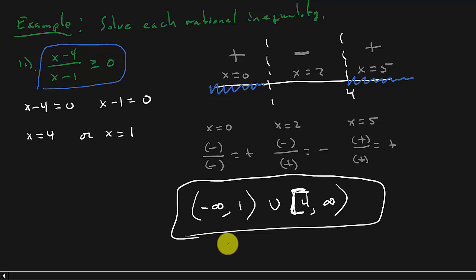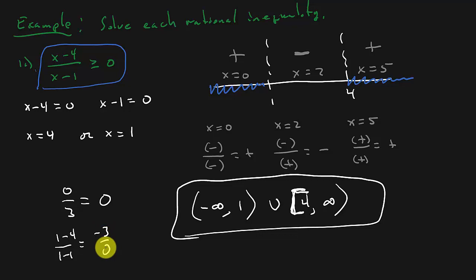Well, let's do this. If we plug the 4 in, 4 minus 4 is 0. 4 minus 1 is 3, so 0 over 3 is equal to 0. That satisfies 0 greater than or equal to 0. That satisfies that inequality. Well, let's plug the 1 in. 1 minus 4 over 1 minus 1 is negative 3 over 0. Oh, what happened there? That gave us a 0 in the denominator.